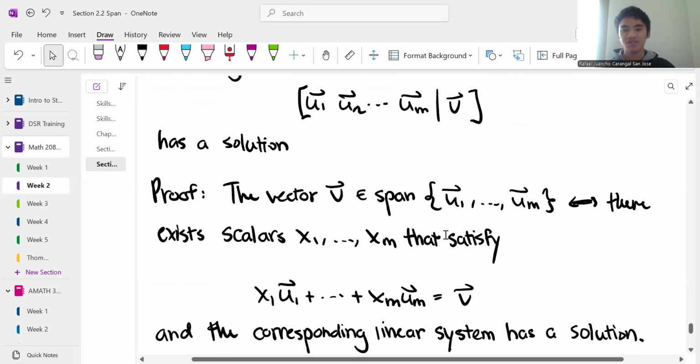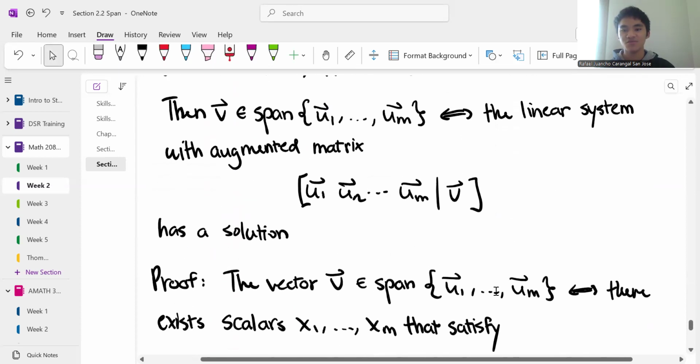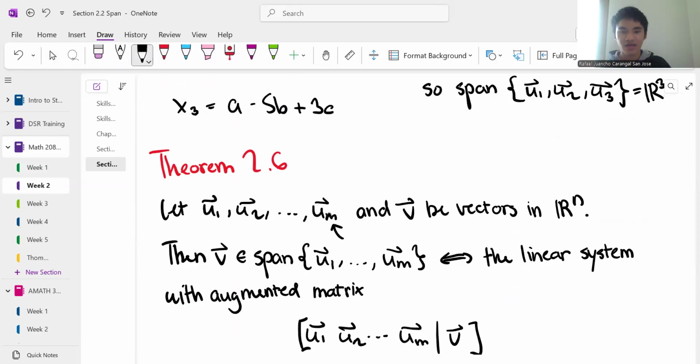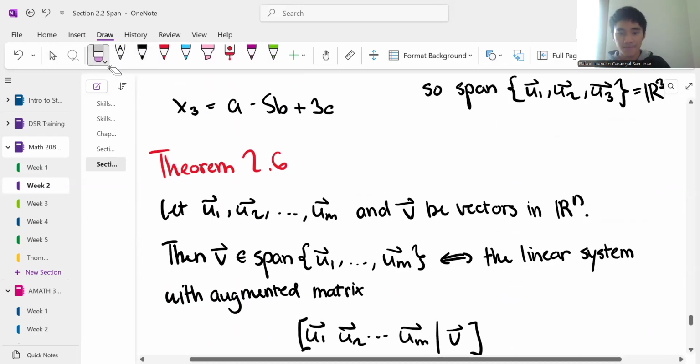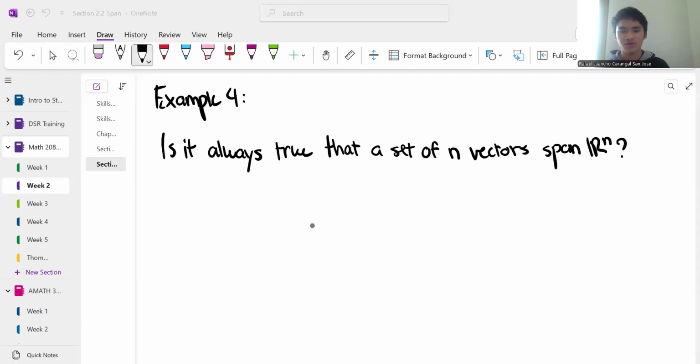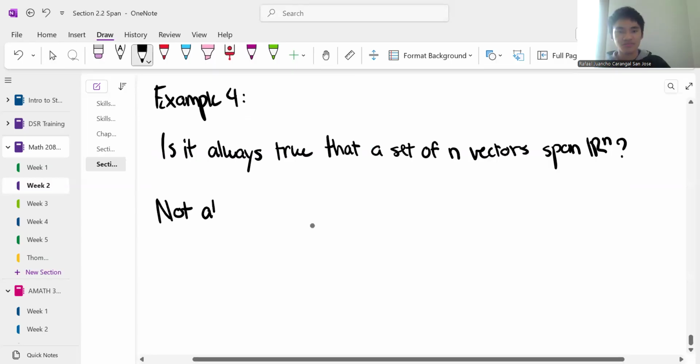Because here we've been noticing that some vectors u sub 1 to m in Rn, but we're not writing n. Here we're not writing n, we're writing m, right? So is there some correlation between the two? Well, not always. That's the answer. I'm just gonna blurt it out, not always.